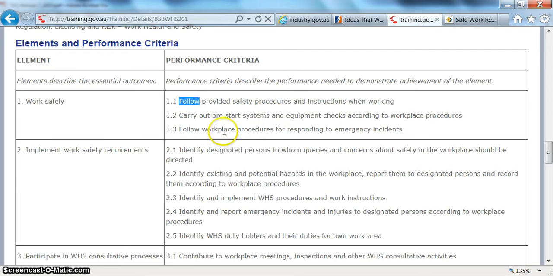When they have to carry out, that's a learning skill. When they have to do system checks, that's a writing skill. When they have to identify persons to make queries and concerns with, that's an oral communication skill. So you work your way through the whole unit of competency, identifying all of the trigger words for the core skills.